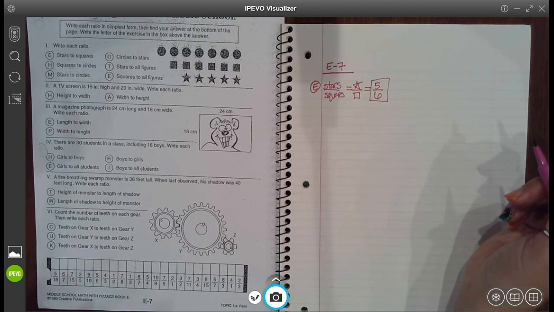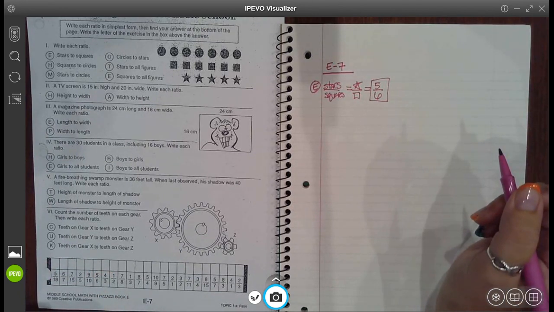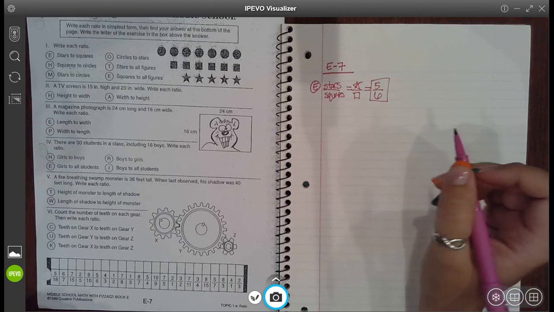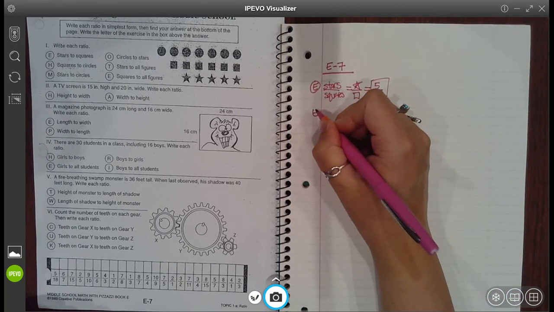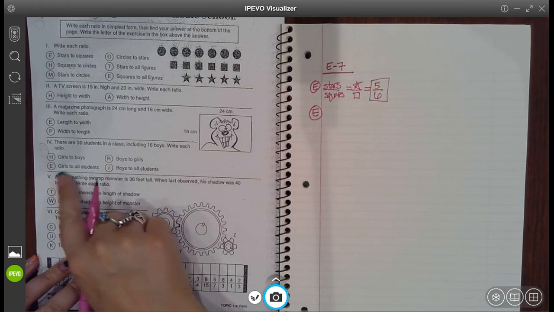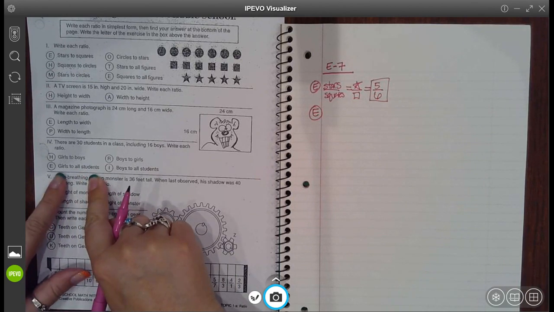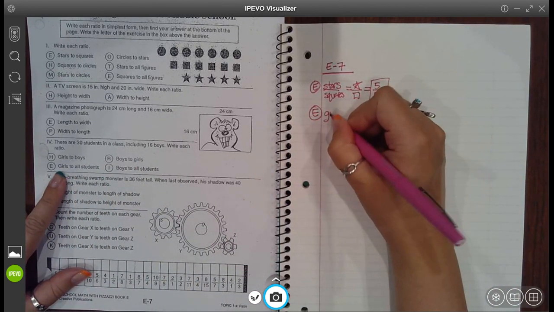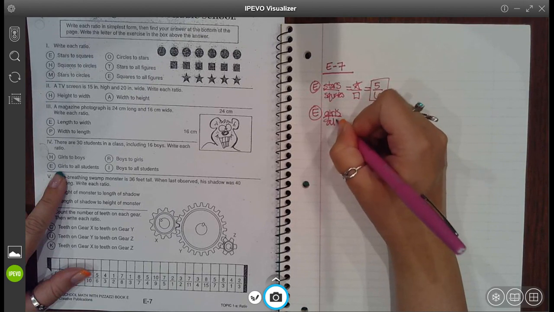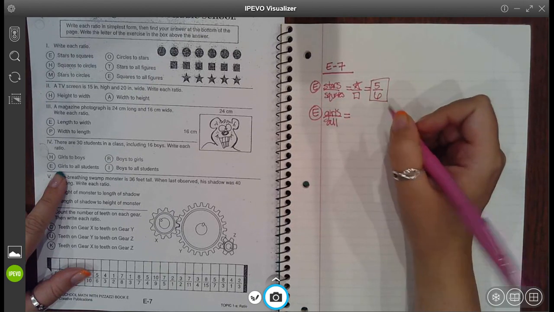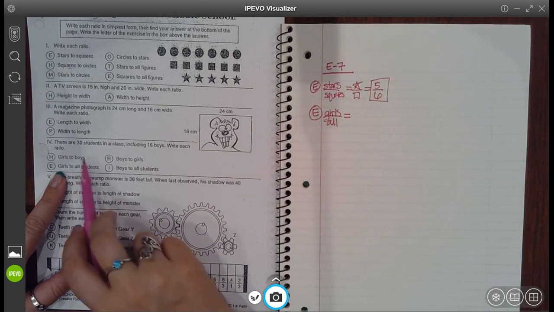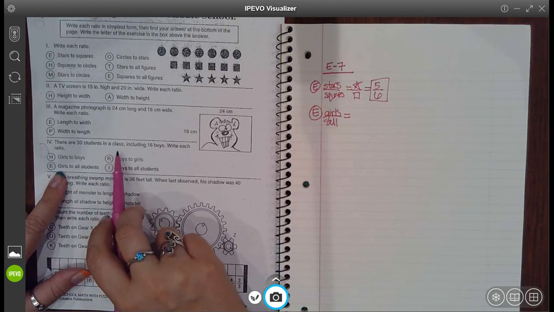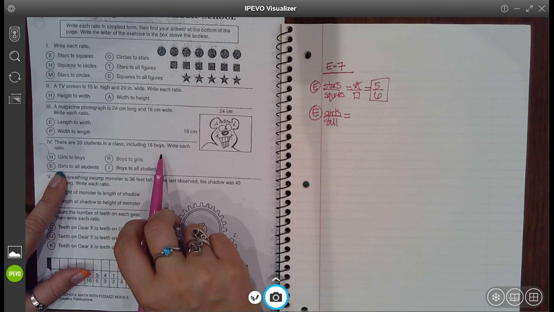I'm going to skip ahead just to show you how to do some of the different ones. For instance, I'm going to skip ahead to, ironically, another E in this section right here, where it says girls to all students. So let's write girls to all. For girls, it says in this section right here, there are 30 students in a class, including 16 boys.